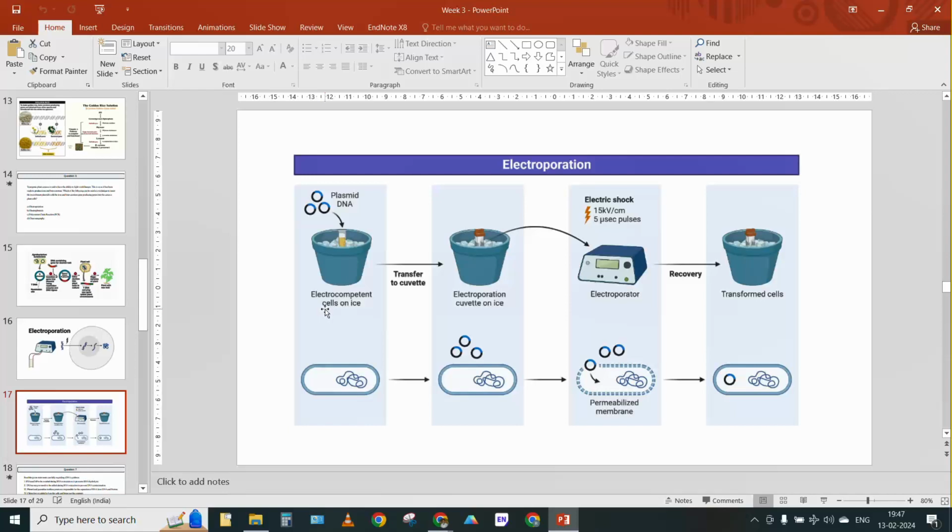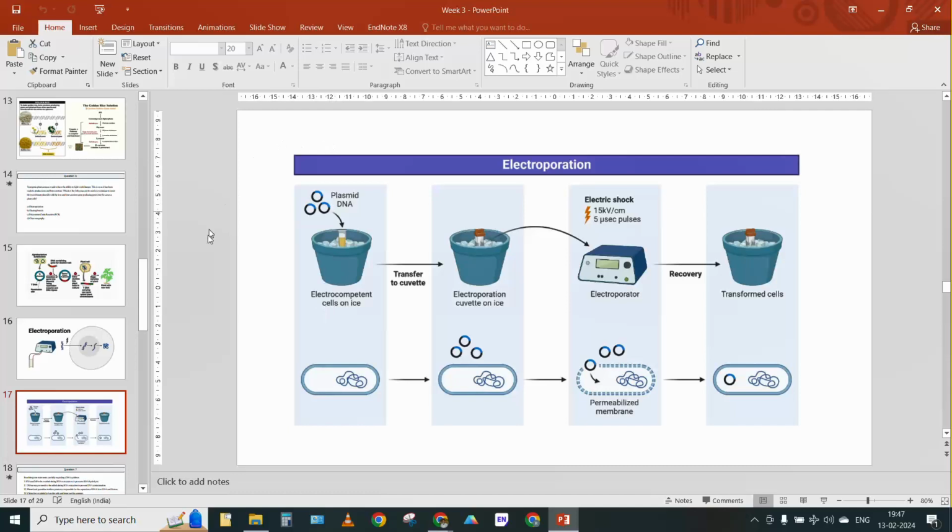And we have some advantages of electroporation over other techniques. Electroporation is a versatile method that can be used in various cell types, including bacteria, yeast, plant cells, and mammalian cells also. Electroporation can be used to deliver genetic materials into cells that are difficult to transfect. Also, electroporation provides consistent and reproducible results.